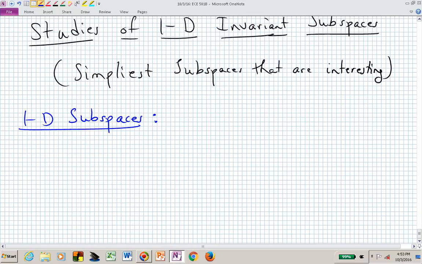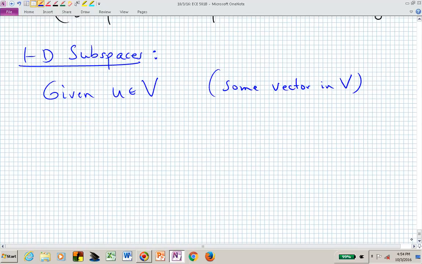What do we mean by a one-dimensional subspace? Suppose we're given a u, let's say that it's in V, just some vector in V, and suppose that we now define a subspace U defined by any scalar multiple of that vector u.